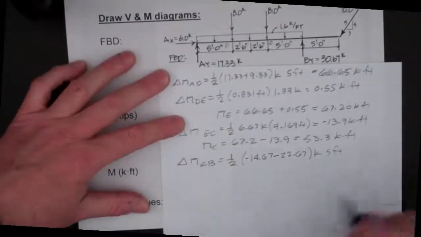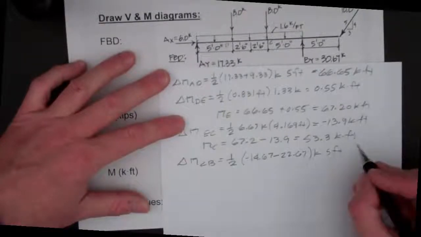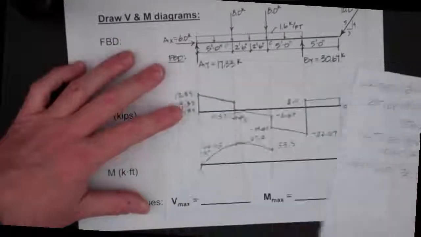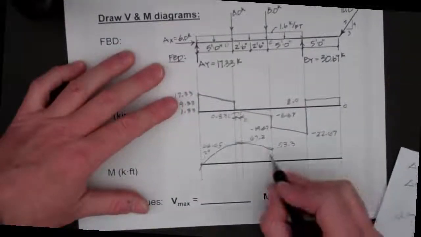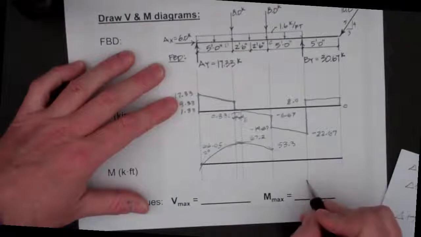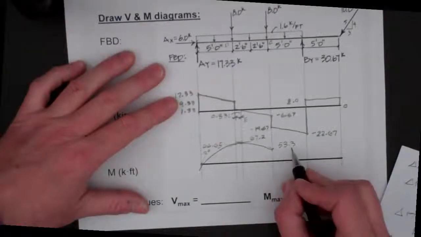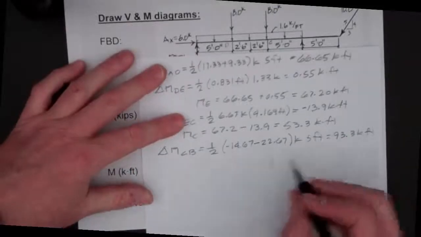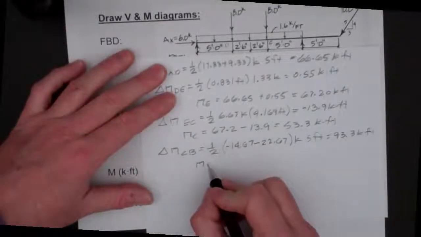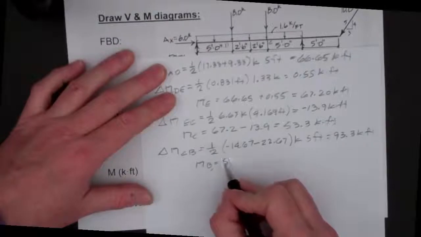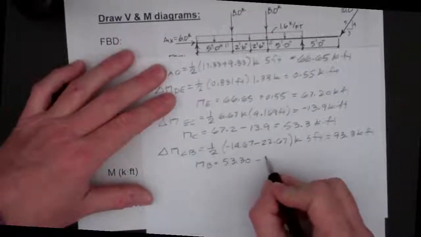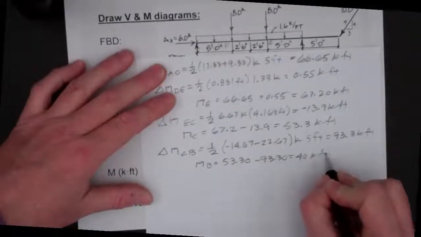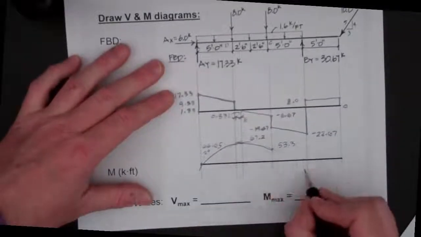And this is going to turn out to be 93.3 kip feet. So for this, we're going to drop down below the axis, down here. So from 53.3 minus 93.3 will put us at negative 40 kip feet. So here's our algebra. The new moment at B is going to be 53.3 minus 93.3, and we're going to get negative 40 kip feet.